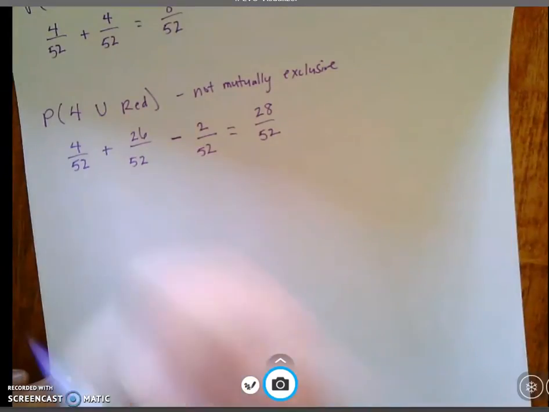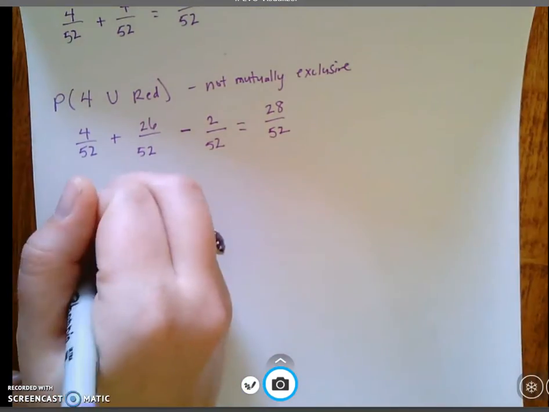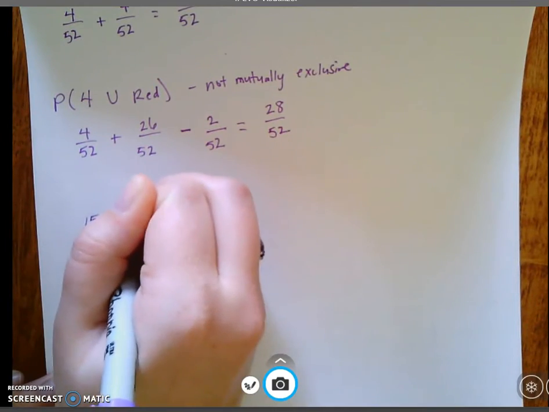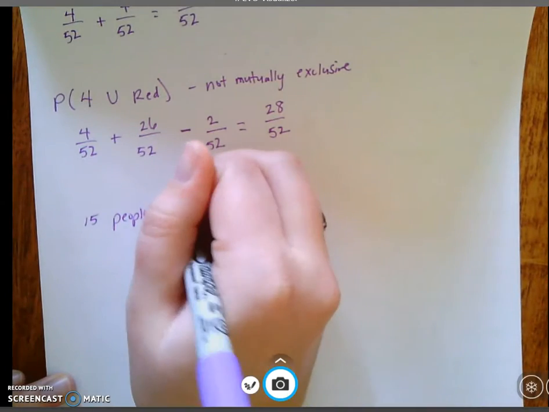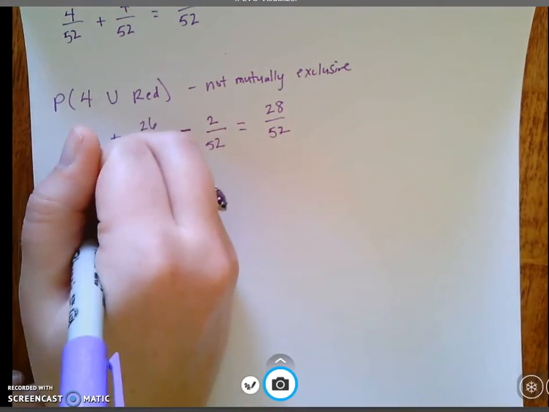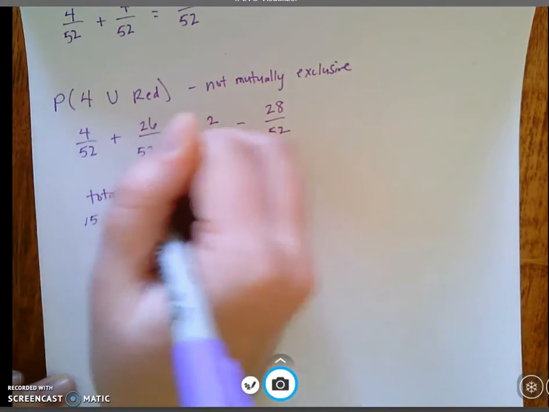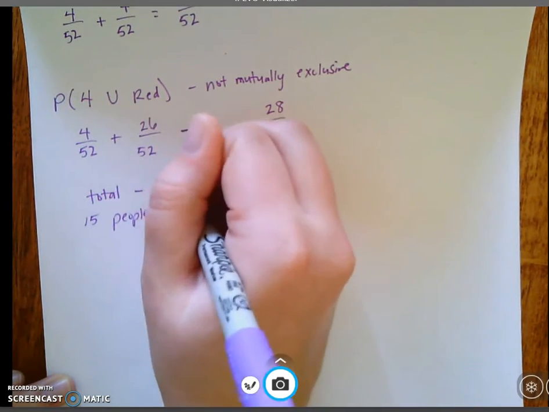Let's pretend that in our class we have, we'll say 15 people who like, we'll say, sushi. There's a total of 25 kids in our class.